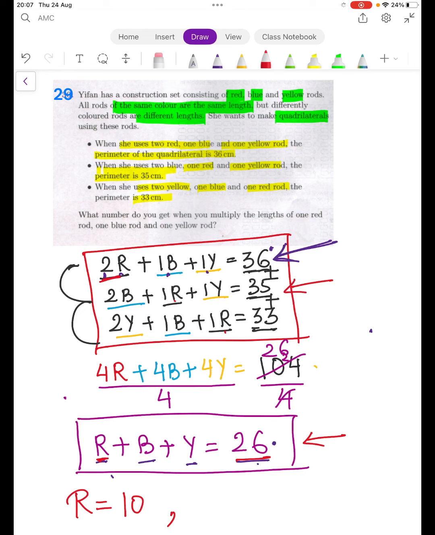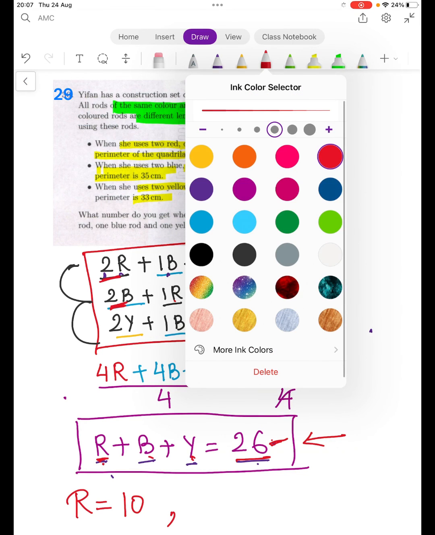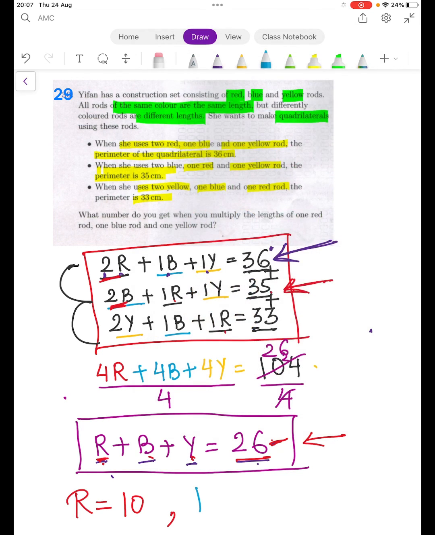Similarly, comparing this equation to the next equation, we have red, blue, and yellow is 26. In the second equation, we just add a blue more, and the answer changes from 26 to 35. That means our blue must be 9 to change it from 26 to 35.